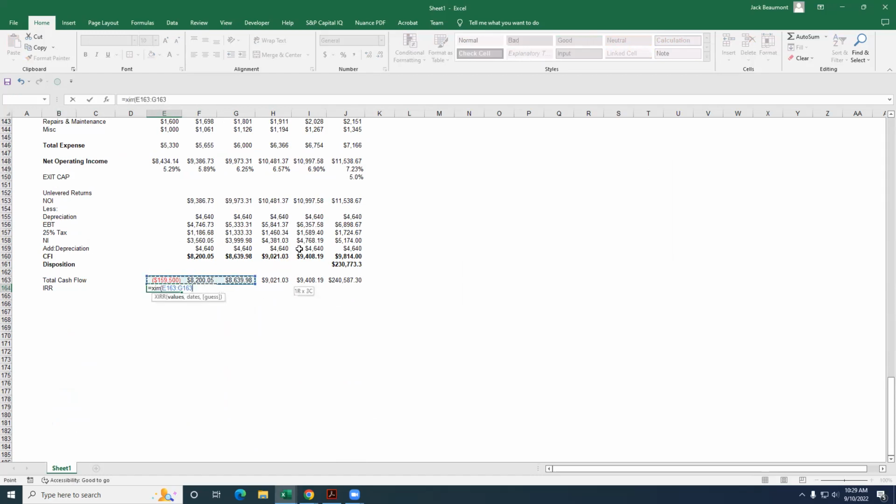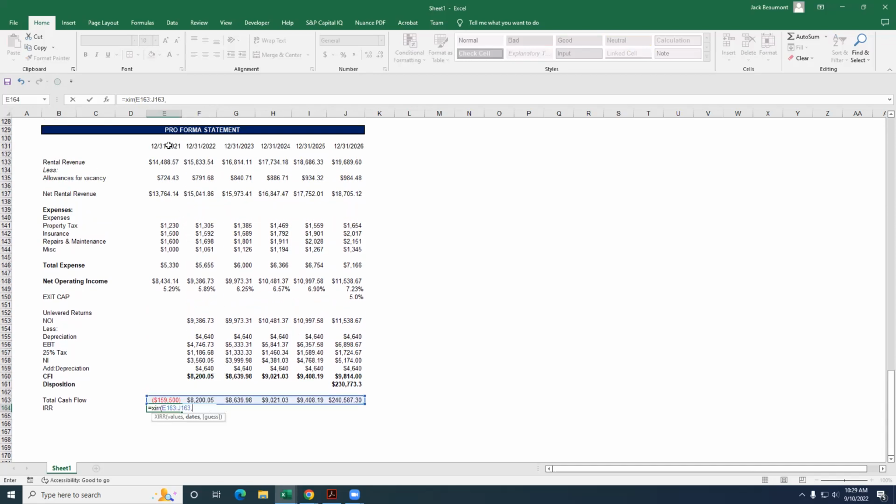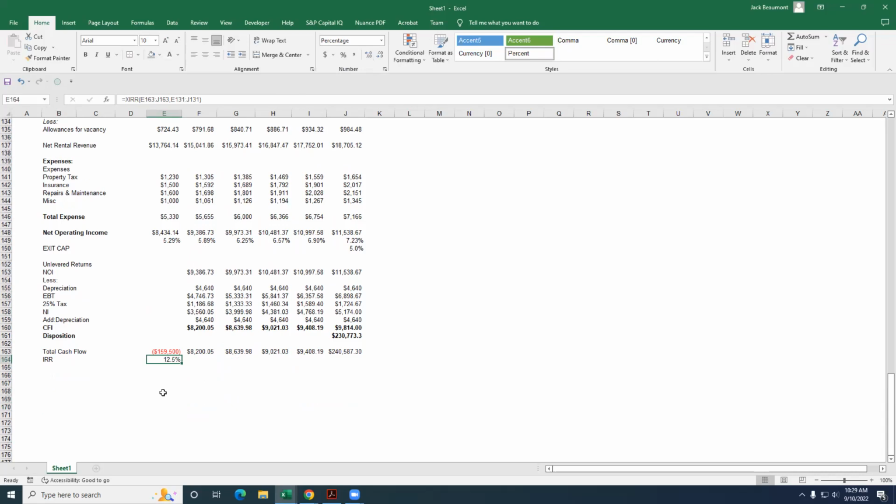The values are these values, and the dates equal these. So we get a nice 12.5% return, which isn't actually too bad for a full equity deal. Yeah, not bad.